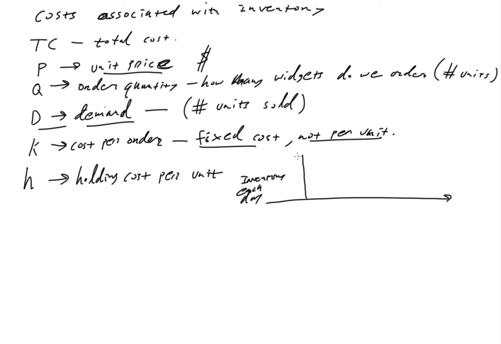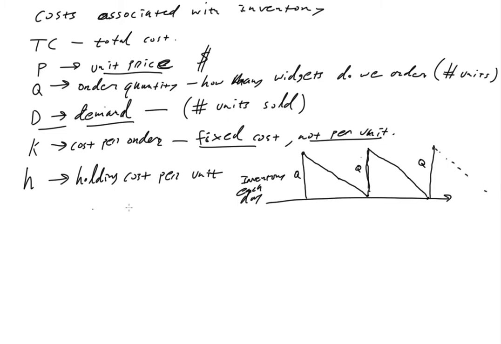You make an order, and you're going to order Q of them, and all of a sudden your warehouse is filled with Q things. And of course, slowly over time, you keep filling orders and sending them out to customers, and then when you get down to none left, you make another order, and you go back up to Q again, and then you go down like that. And then once you get to 0, you order again. You get Q of them, and go like that.